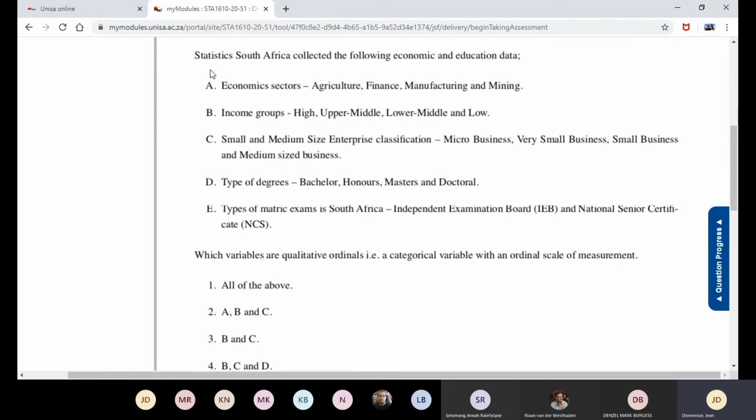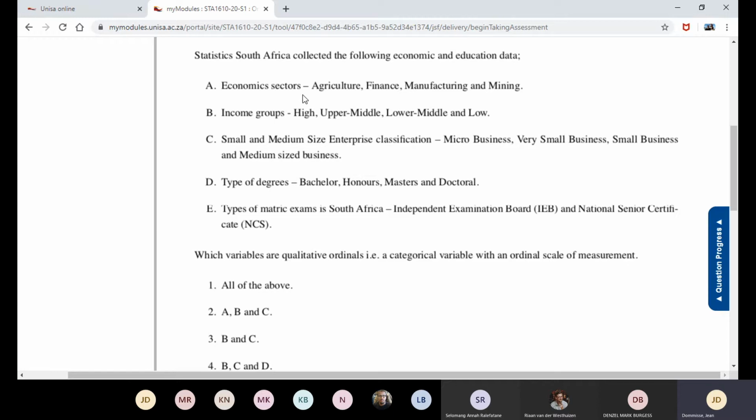So, stats essay collected the following economic and education data: A, economic sectors; B, income groups, high, upper middle and low; C, small, medium enterprises; D, types of degrees; E, types of matric exams in South Africa, independent and national. Which variables are qualitative ordinal, i.e. a categorical variable with an ordinal scale?